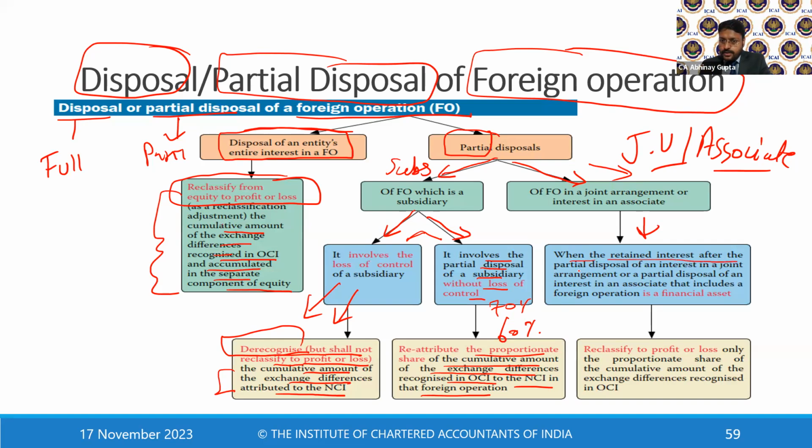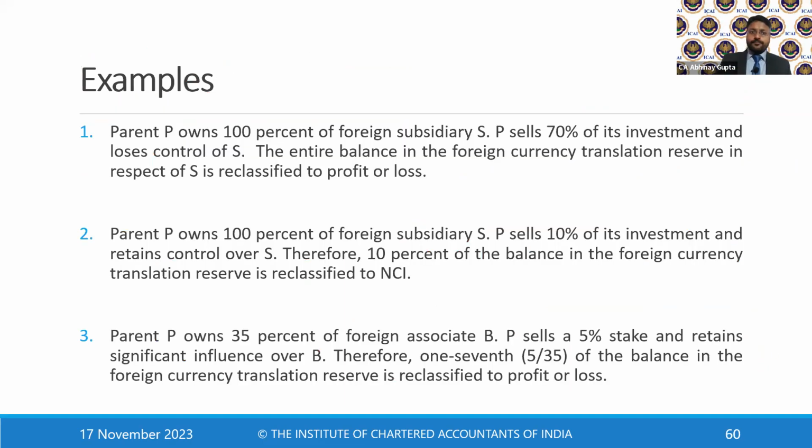When the retained interest after the partial disposal of an interest in the joint arrangement or an associate that includes a foreign operation is a financial asset, because this is an investment in a JV or associate, a financial instrument, that is an equity investment, we will reclassify to the P&L only the proportionate share of the cumulative amount of the exchange difference. So how much we have disposed of in that proportion, we will reclassify from OCI to P&L.